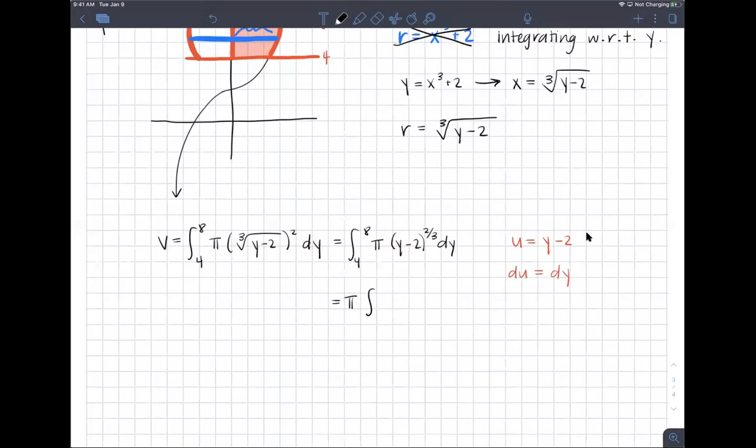And so what do I have to do with my limits again? Do you guys remember back to when we were doing substitution and definite integrals? Some of you preferred to just ignore it, but what do I do if I'm not going to ignore it?